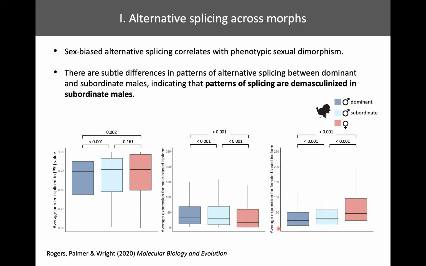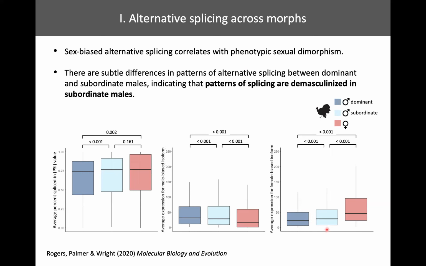And from the third graph, we can see that subordinate males express female biased isoforms at significantly higher levels than dominant males, consistent with feminization of female biased genes.